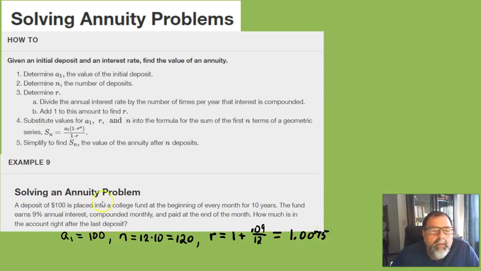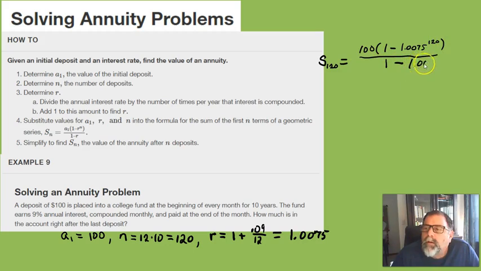Okay, now we're going to substitute all those values into the series. So I'm going to write it up here. So S of 120 is equal to 100 times 1 minus 1.0075 to the 120, over 1 minus 1.0075.